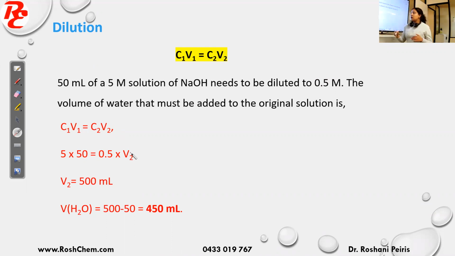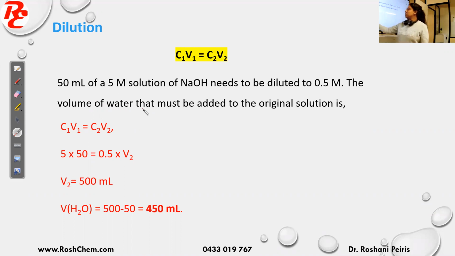So V2 is what? After the dilution, what is the volume? When you calculate, you will get V2 equals 500 mL because this was 50 mL. So now you get V2 in mL. Right? But V2 is not the water. It's asking to calculate the amount of water that you added. You had a 50 mL solution. Now you add some water.